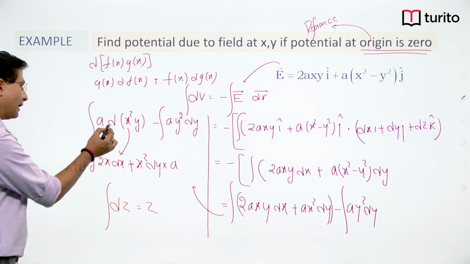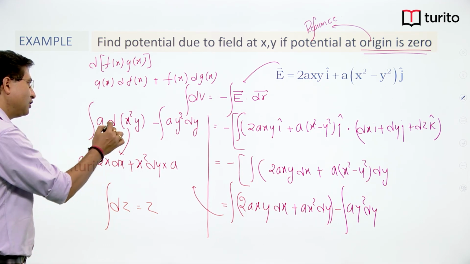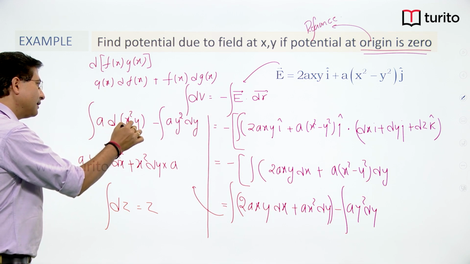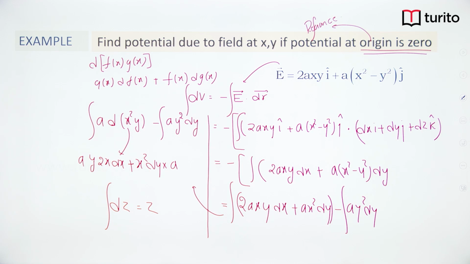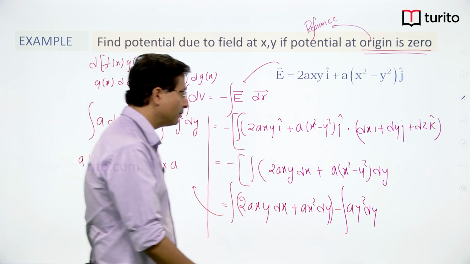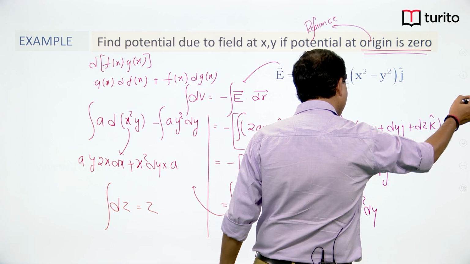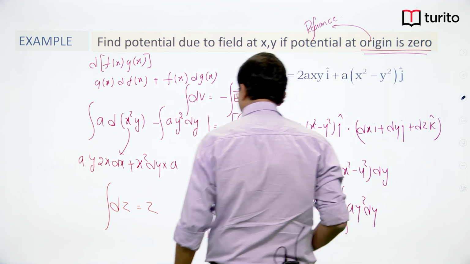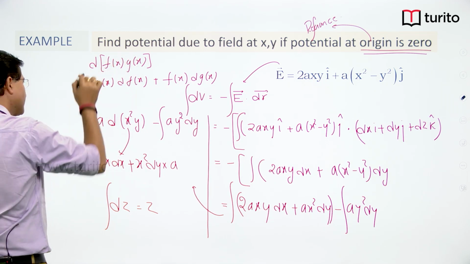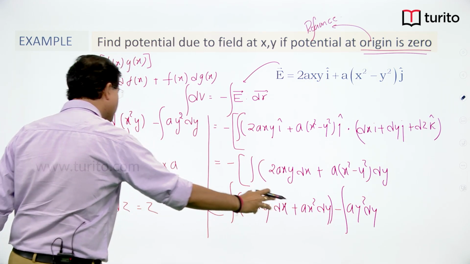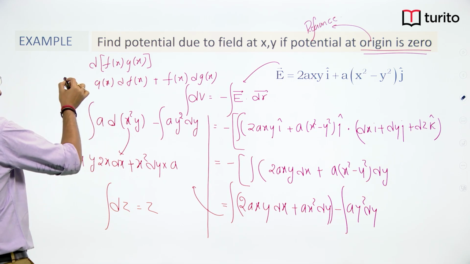So if I integrate this one, d of x square y, integration of this one will give me x square y only, right. Now let us put the limit. So using this concept, I converted this term into this term.